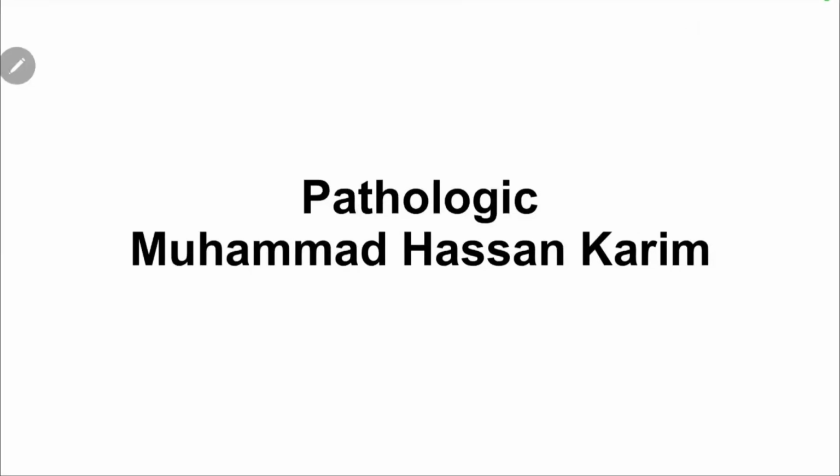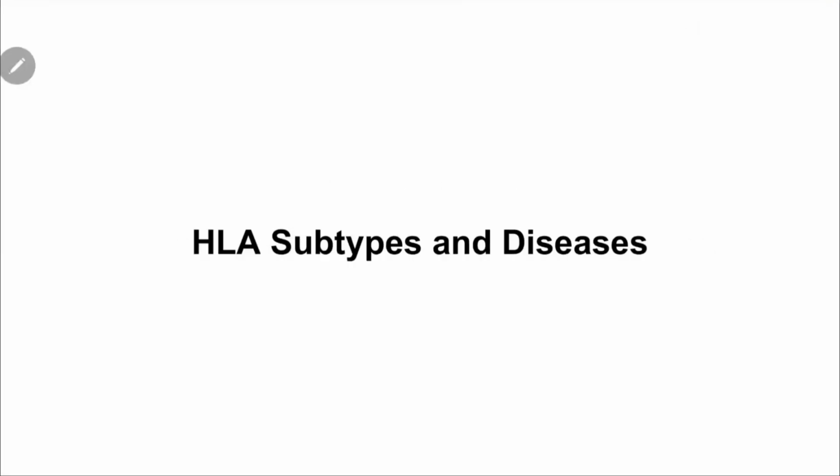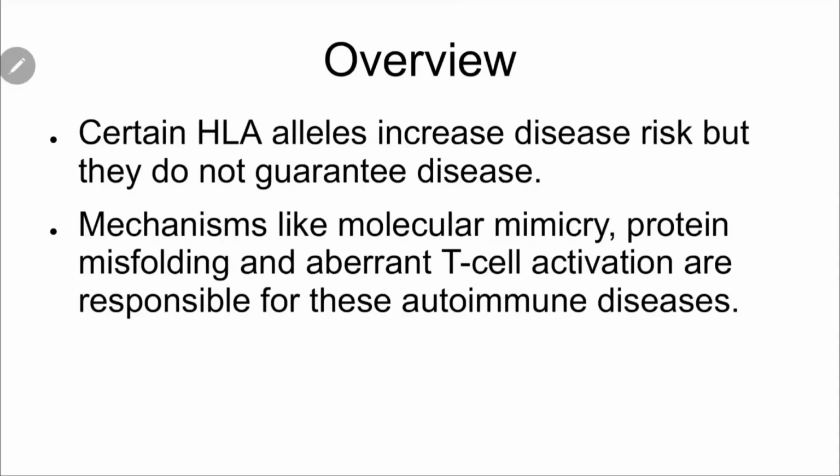Hi, so today we are going to be discussing HLA subtypes and diseases. HLA refers to the genetic region on chromosome 6 that codes for your MHC molecules, right? And different individuals have different HLA alleles, and these alleles determine the specific type of MHC molecules that they express.